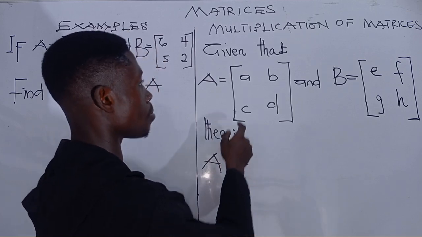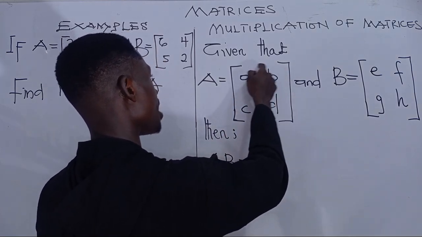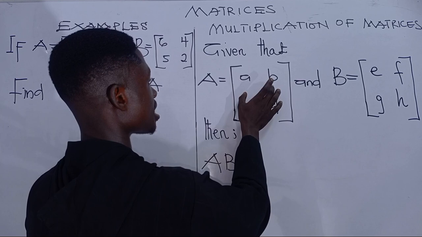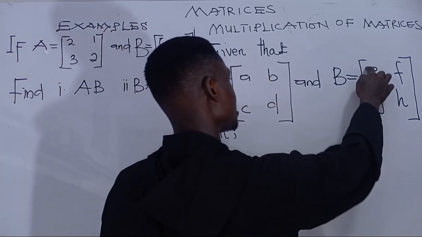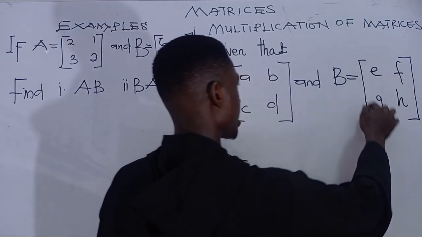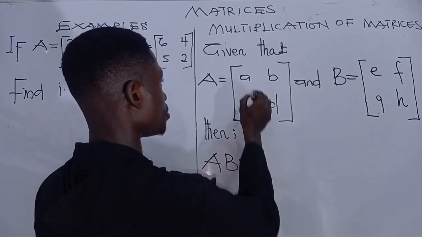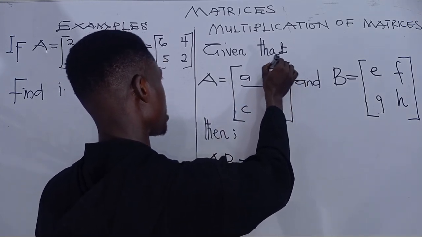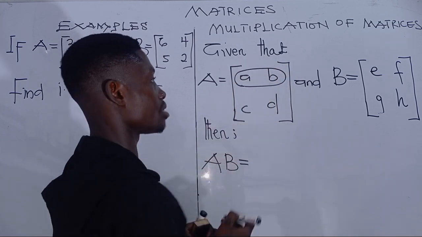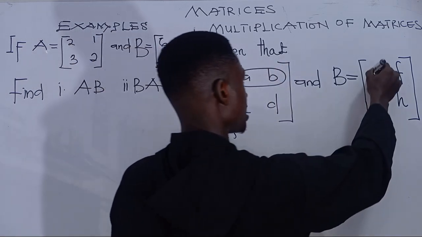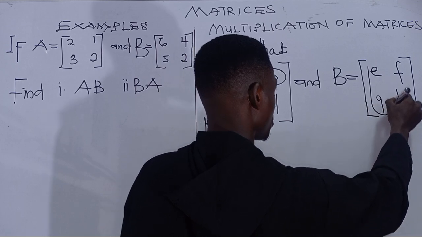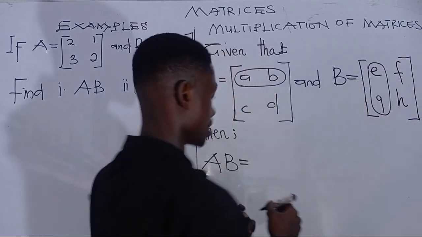We are going to multiply the first row of the first matrix by the first column of the second matrix. To see it clearly, this is what we are going to use.